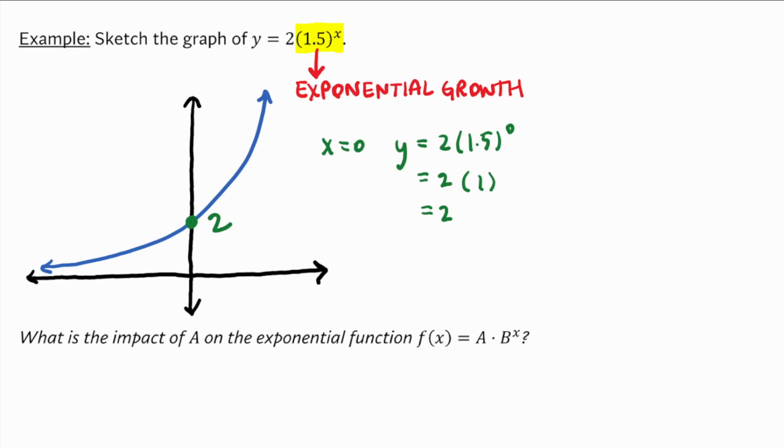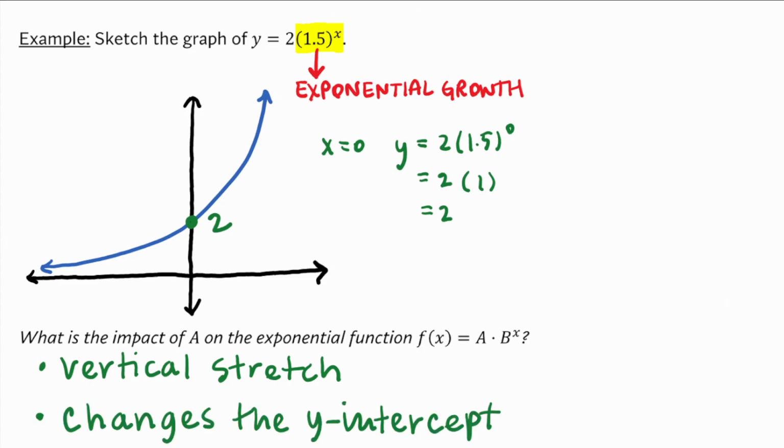So the impact of a on the exponential function f of x equals a times b to the x, you might describe it as a vertical stretching factor, but you might also just look at it as a number that's going to change the y-intercept, and I actually like that a little bit better because I want to think about a closely related function to this one.